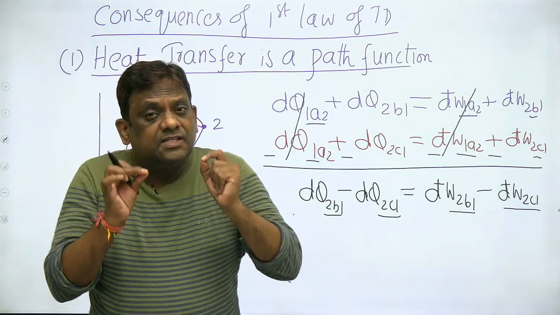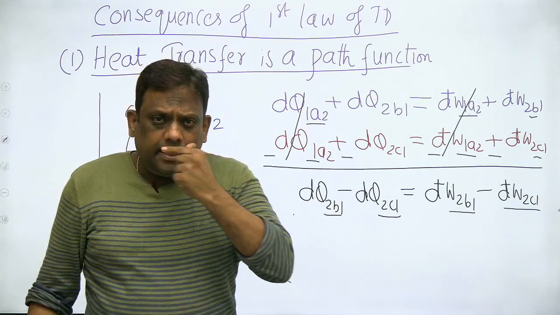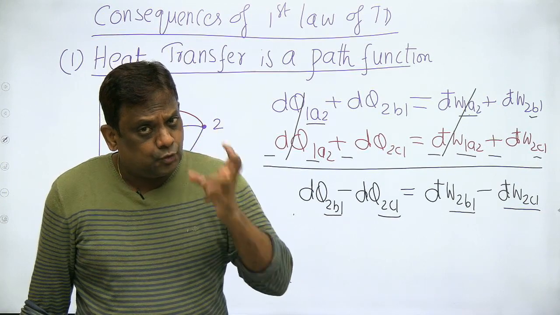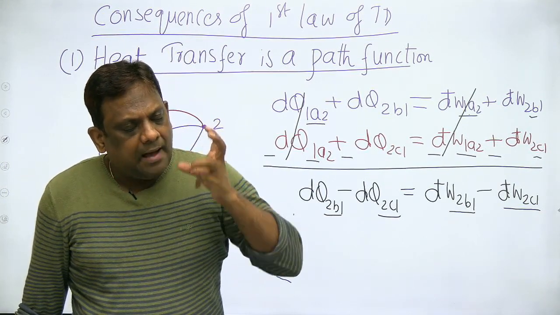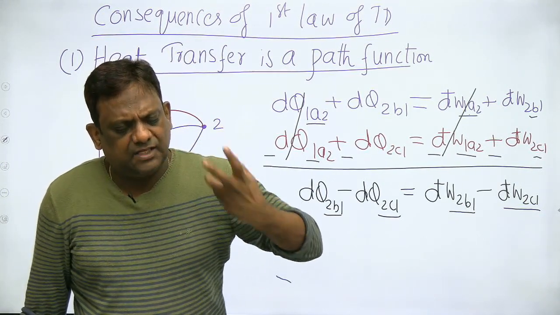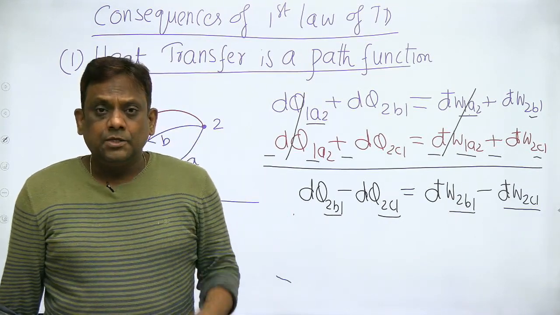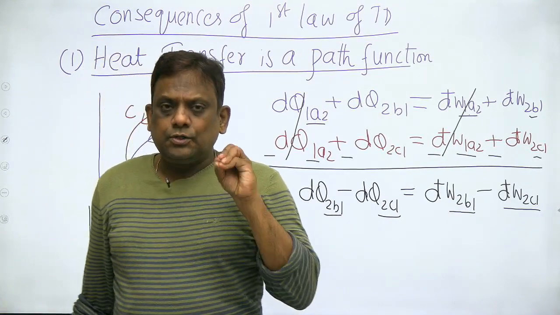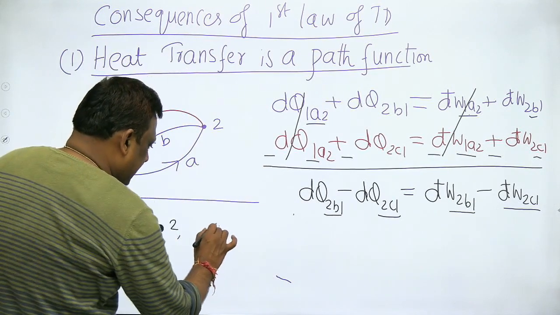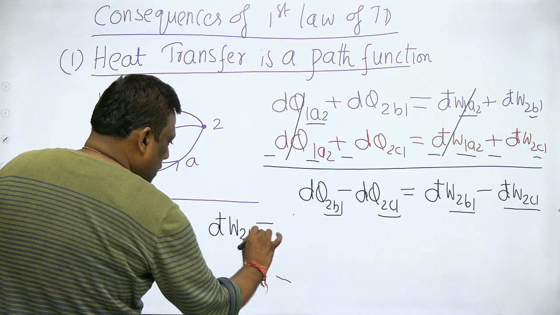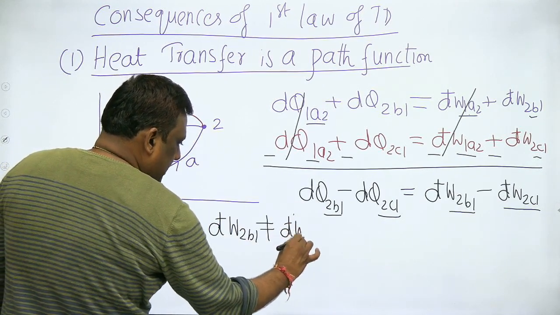Because work transfer is a path function. In my earlier classes I derived, and showed, that work depends on path. In fact, it is not work, it is work transfer. Why it is work transfer, I'll explain in about 5-10 minutes. So I can clearly write that work transfer in 2B1 is not equal to work transfer in 2C1.